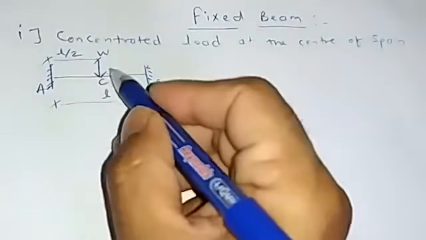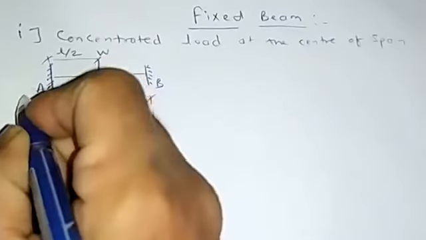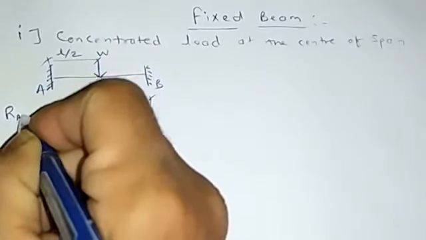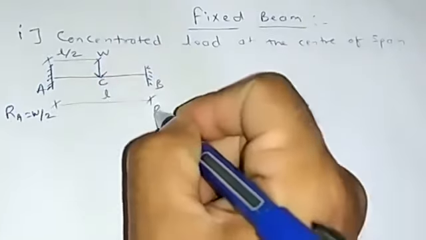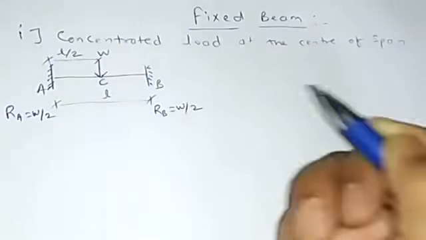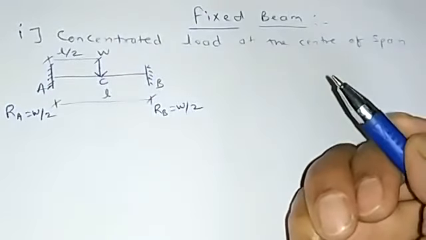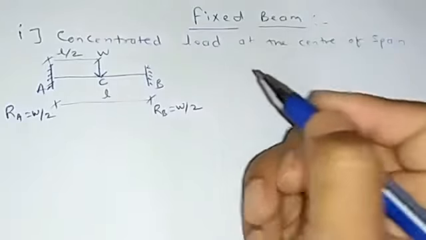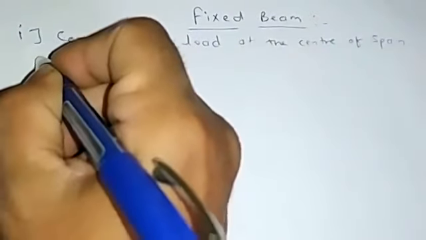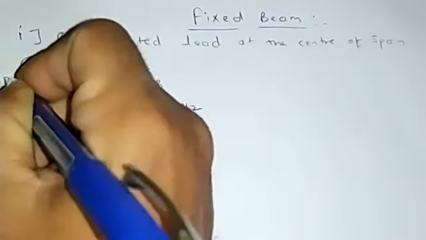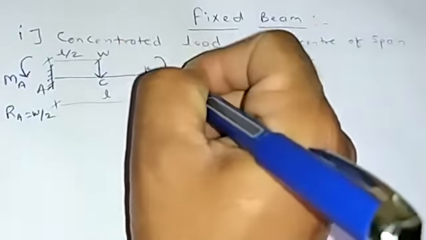Now since this is W, RA will be equal to W by 2. Then RB will also be equal to W by 2. And here you will get the fixing moments. So let us consider this as MA, and let us consider this as MB.